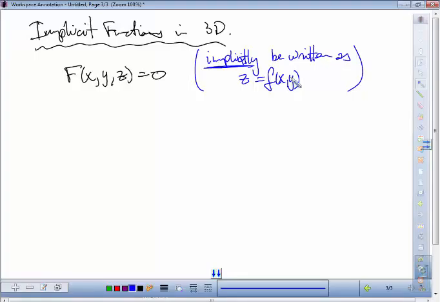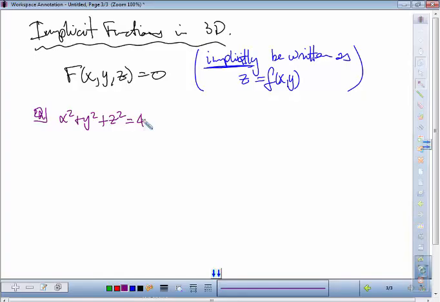You know, there's some easy ones. Let's throw in a couple of examples here. x squared plus y squared plus z squared is equal to 4. Let's say that is a sphere, radius 2. If you look at it with z being squared, then we can solve for z and get plus and minus the square root of something that will give us a top and the bottom half of the sphere.